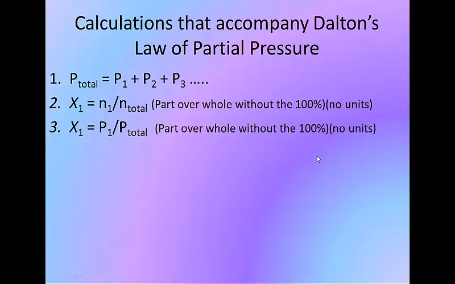If the mole fraction is equal to number of moles of an individual gas over total, and mole fraction is also equal to pressure of the individual gas over total, then it stands to reason that N1 divided by N total will be equal to P1 divided by P total, which of course is completely logical.